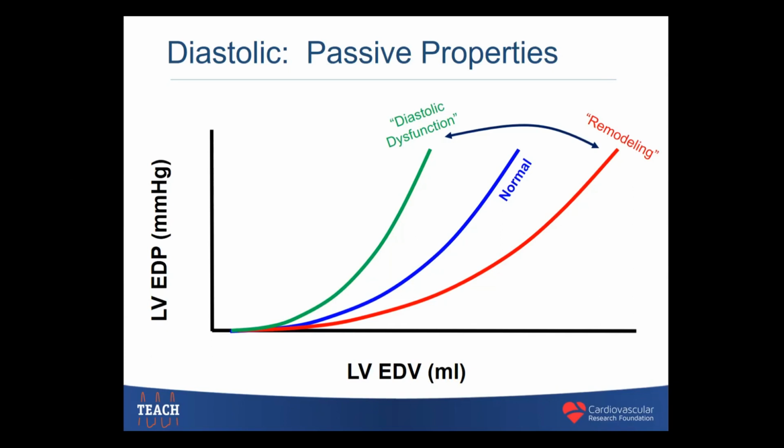So I can say, well, okay, the wedge pressure is 20, or the LVEDP is 20, or 25, or 15, but that can mean something very different depending on what type of ventricle I'm talking about, right? So if I say the LVEDP is 20, and it's a restrictive cardiomyopathy over here, well, an LVEDP of 20 may not be very much volume at all.